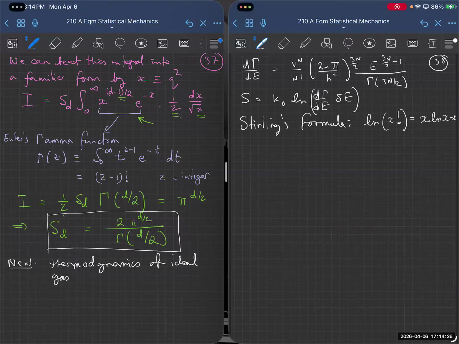So if I now compute the entropy, I'm going to take the logarithm of all of this.